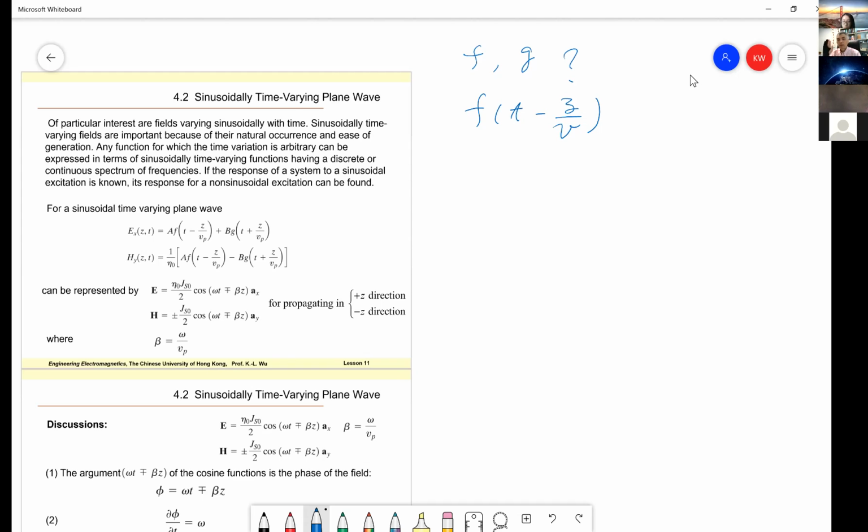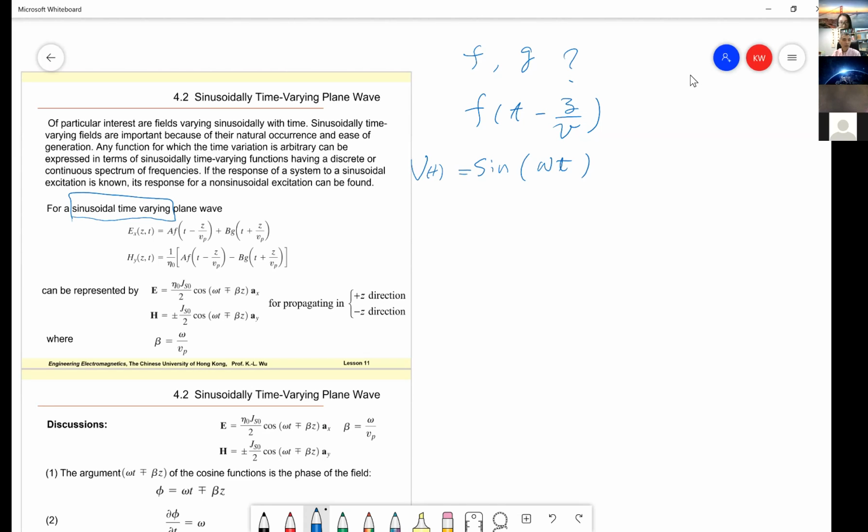Now let's focus our problem on a sinusoidal time-varying field. Sinusoidal means if your voltage, for example, changes in such a fashion, we call it a sinusoidal wave or sinusoidal signal.